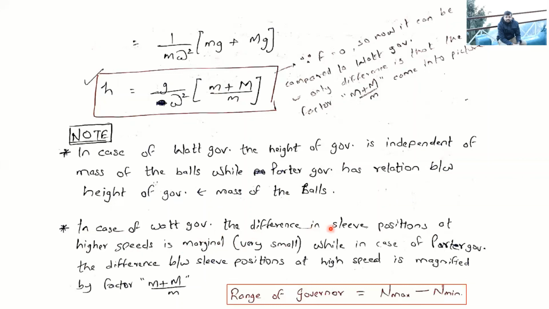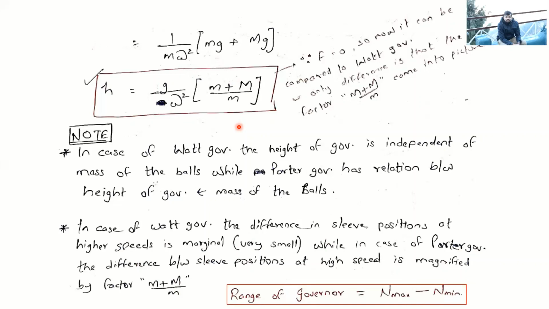So the position of the sleeve was not moving very much when the governor was running at higher speed. While in case of the Porter governor, the difference between sleeve positions at a higher speed is magnified by the factor m plus capital M by m. So this extra factor is added in case of the Porter governor.